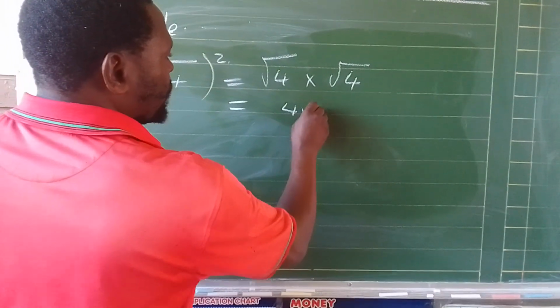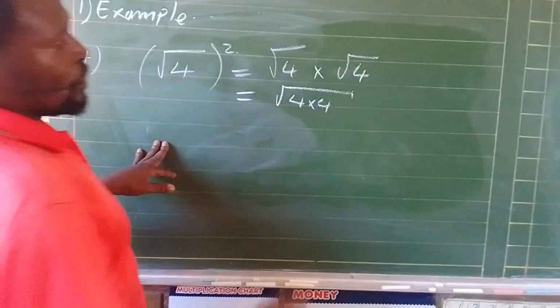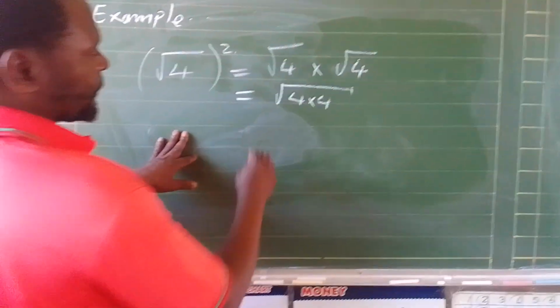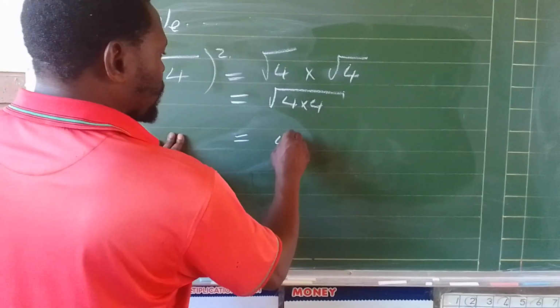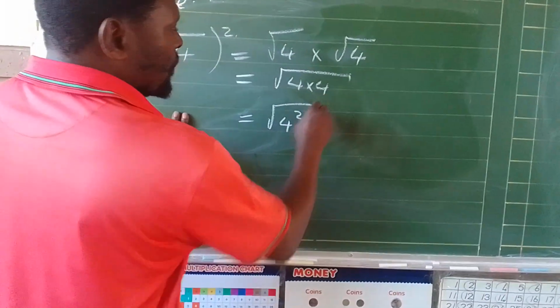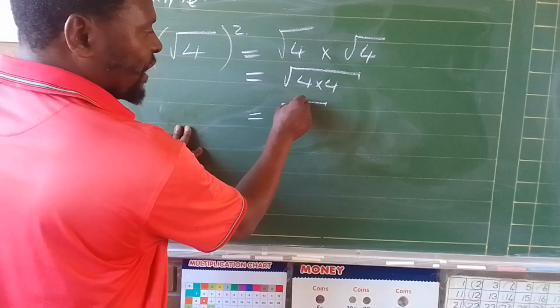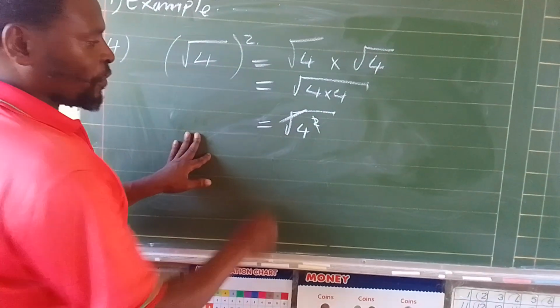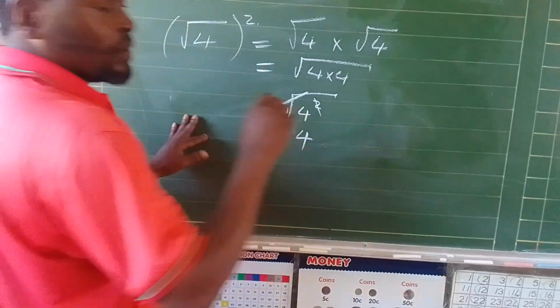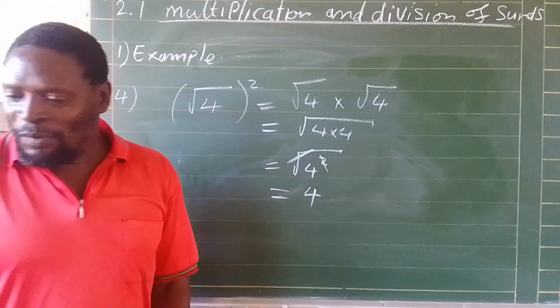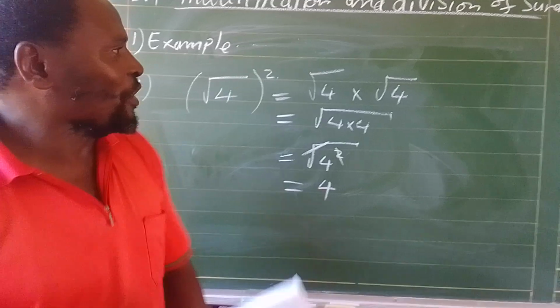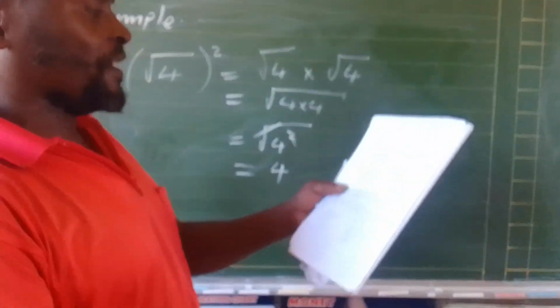It's 4 times 4 under the same root sign, which is 4 squared under the same root sign. Remember, once you see a square, you cancel it with the surd form. You are left with what? A 4. Simple.